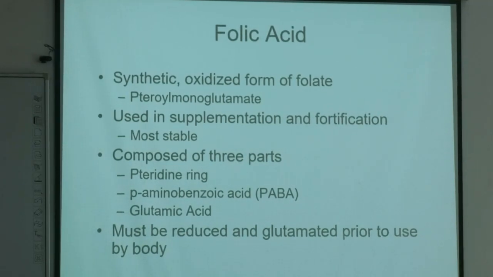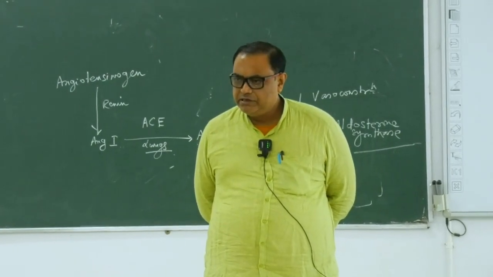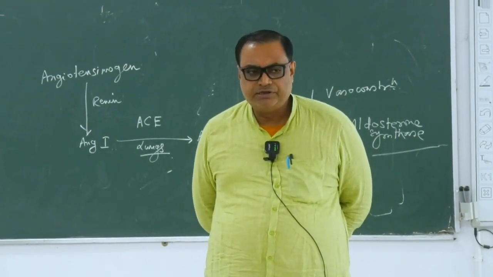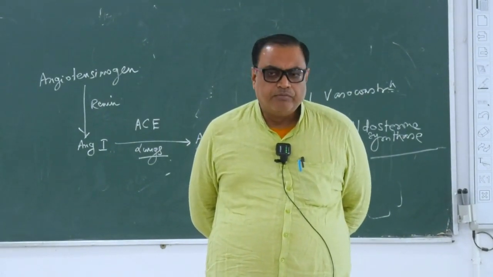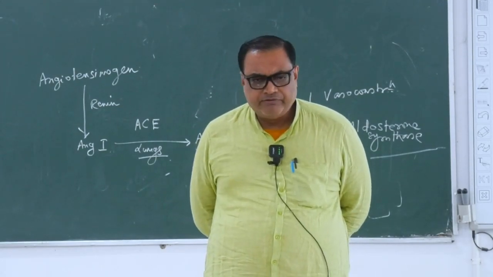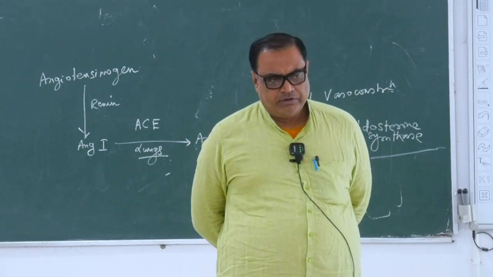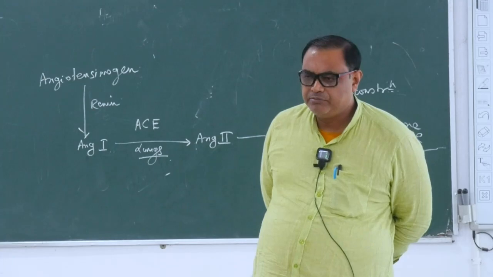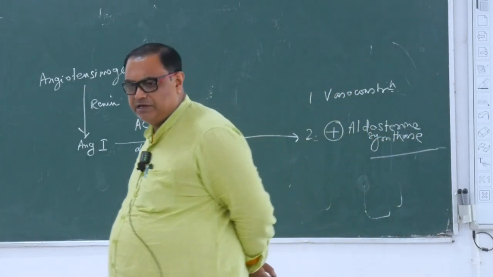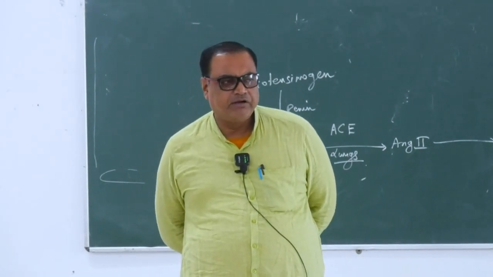Glutamic acid may be of multiple units, one or more, say 2, 3, 4, maximum 5 units of glutamic acid can be added to this molecule. Accordingly, they will be named folate monoglutamate, diglutamate, tri, tetra, or maximally pentaglutamate.